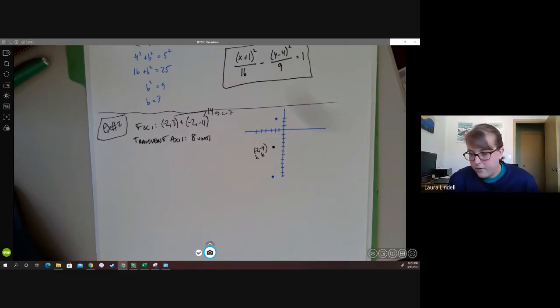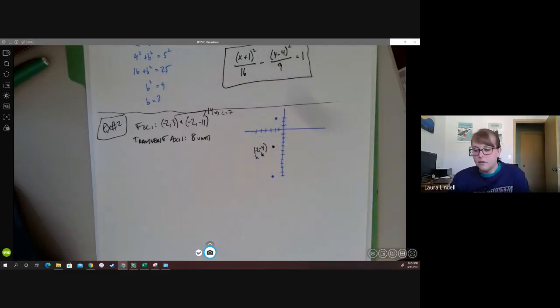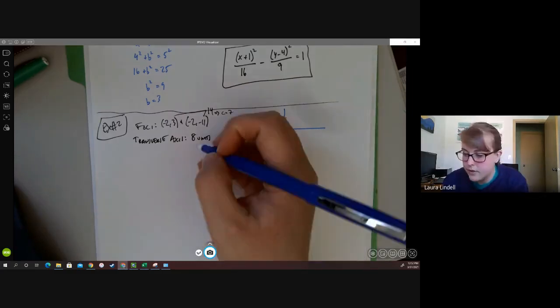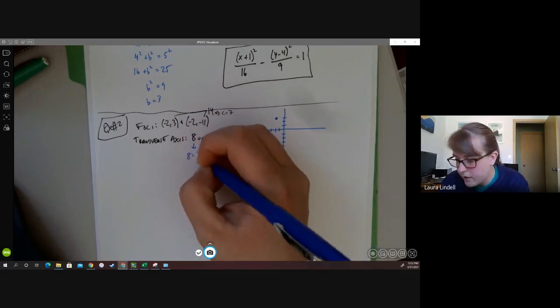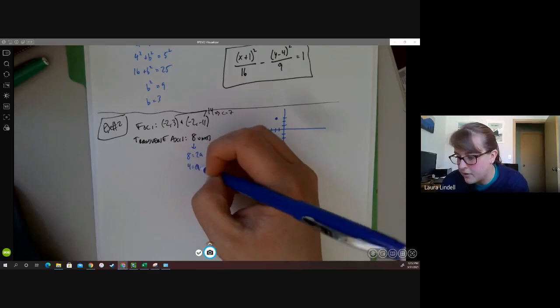All right. So we found h, k and c. That's everything that we can find just from the foci. Now we have to bring in that transverse axis length. We know the transverse axis is 2a, so that means that a is 4.